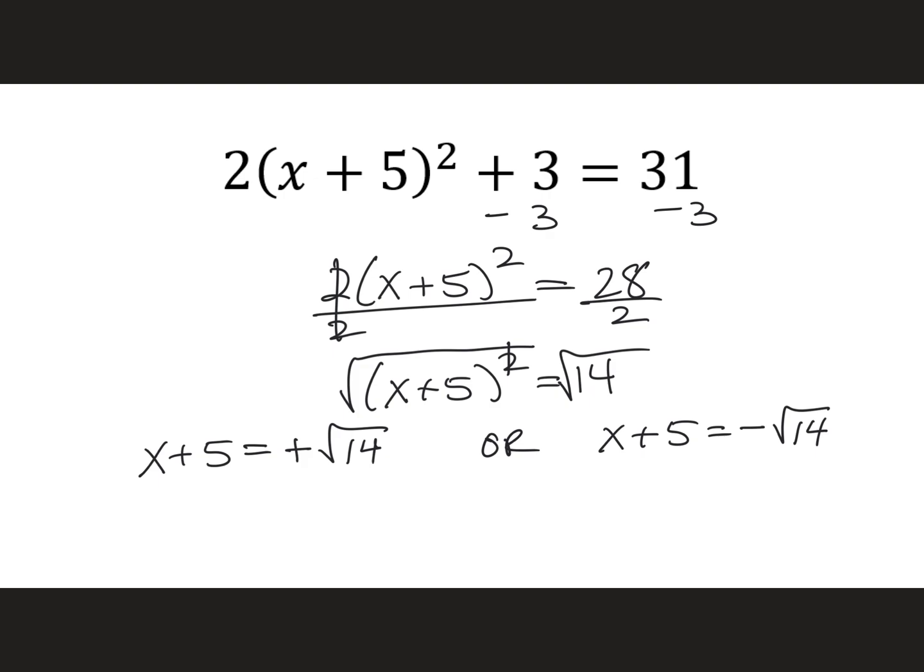But I still got to get rid of the 5 on both sides. So I'm going to do that by doing a minus 5. So this one's going to be x equals -5 plus the square root of 14. I'll get that decimal in a minute. And this one is x equals -5 minus the square root of 14.